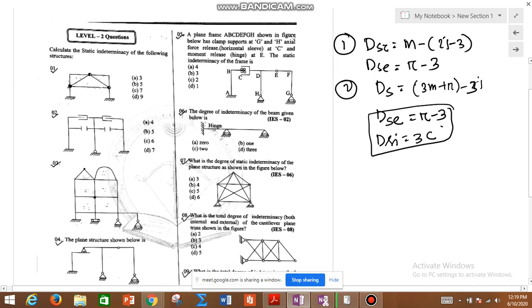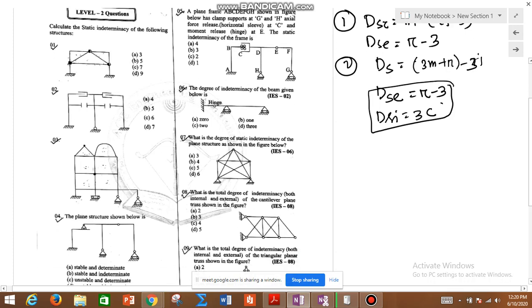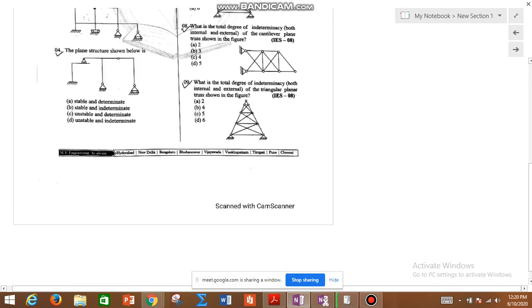Whenever there is an internal hinge in a rigid frame, first of all we have to assume there is no internal hinge present and calculate the total DS. Then we deduct, based on how many members are meeting at that particular joint. I have solved this one.